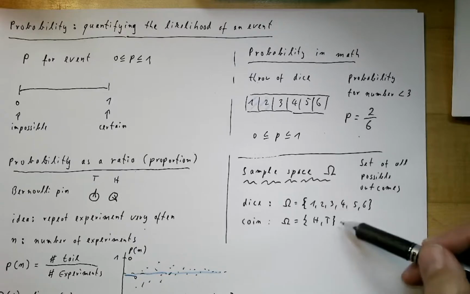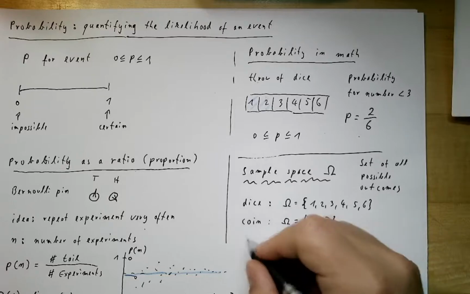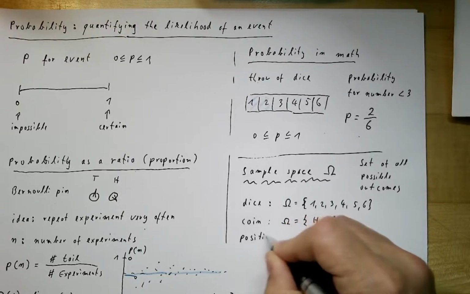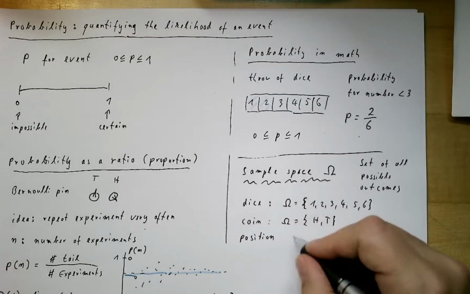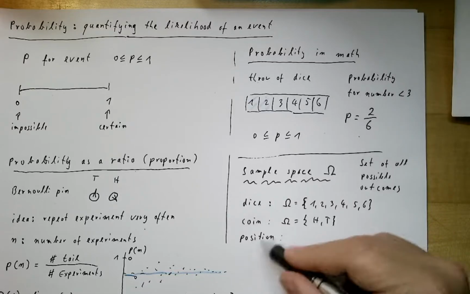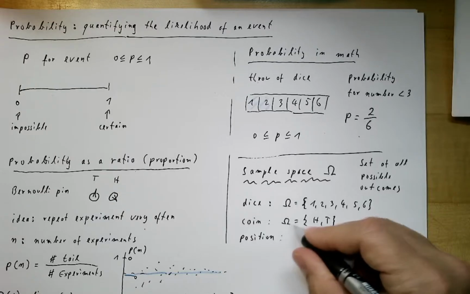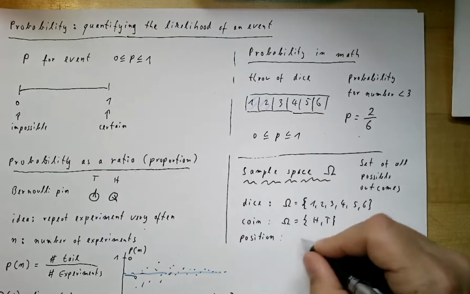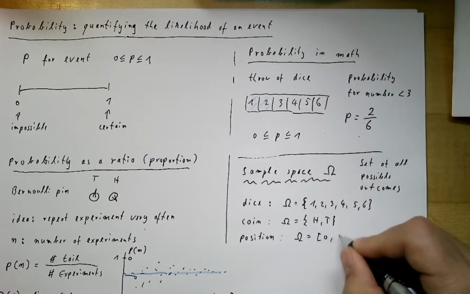So we have discrete sets, but we could also have, for example, if the outcome is a position of some point in a restricted space, then this omega could also be an interval. Omega could, for example, be the whole interval between 1 and a length.